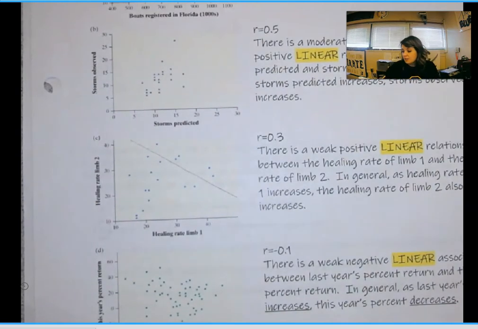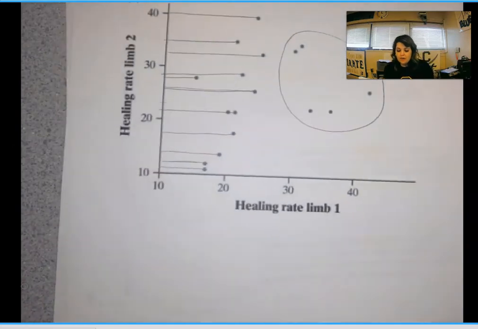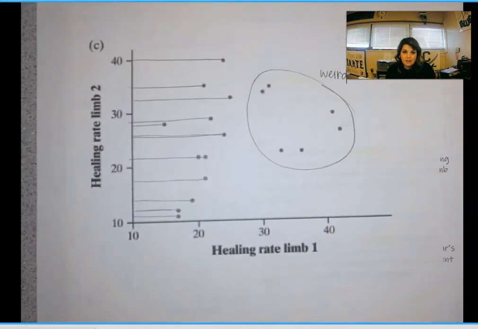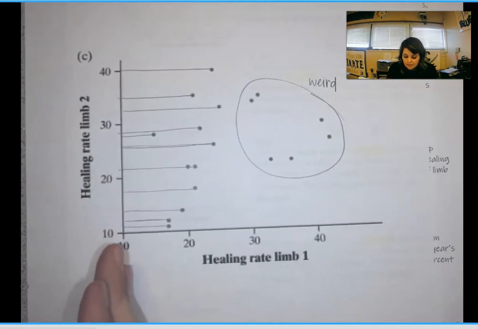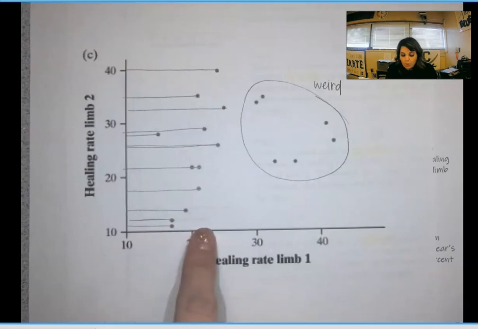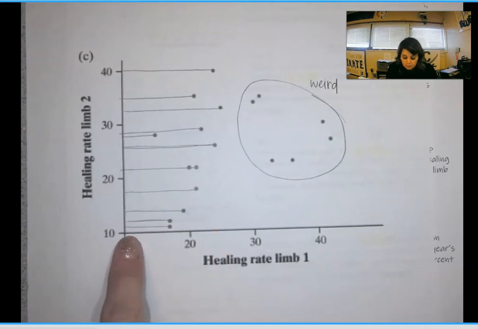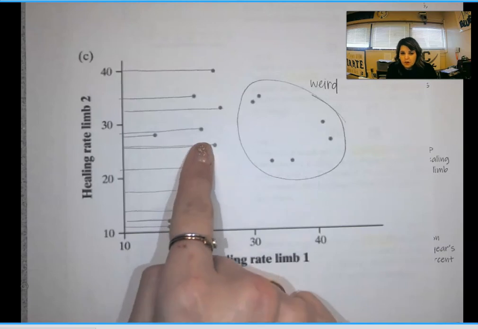So I had to blow up the limb problem and try to figure out for myself how they ended up getting a positive correlation. I had to really think hard about what's happening to my points as I move right. They're going up.